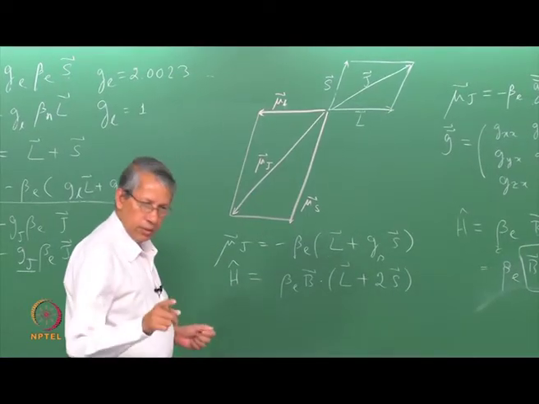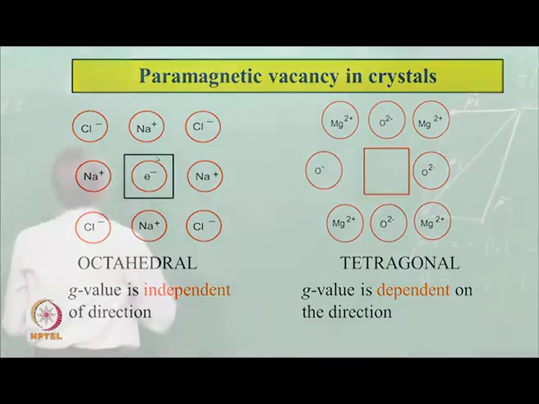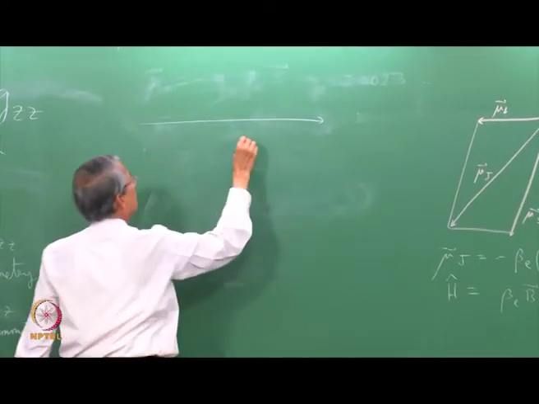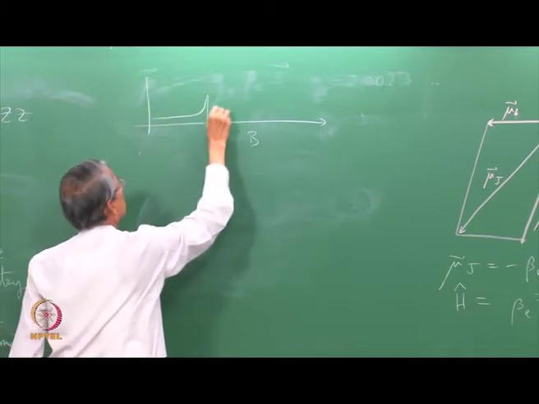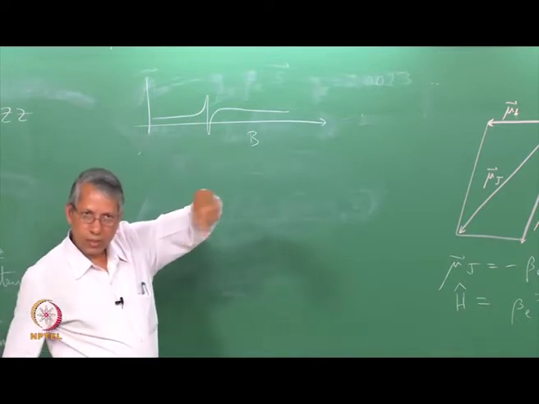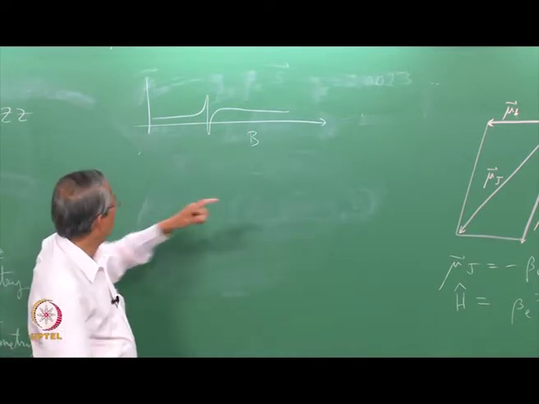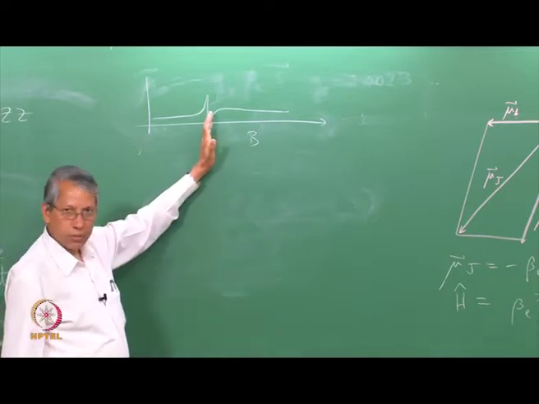If I take this crystal and do the EPR experiment as a function of magnetic field, this will give a spectrum, let us say here, and you keep rotating the crystal around a certain axis, and this will not move, it will be precisely at the same place.